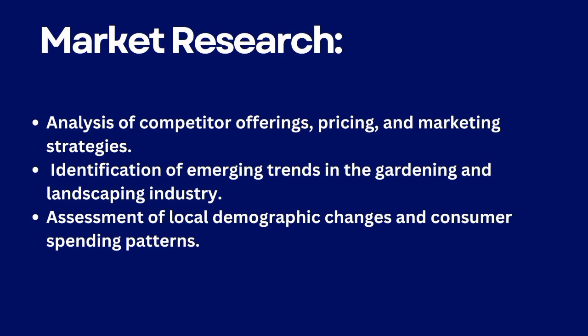Check if there are specific trends that people are using, like new tools, technology, or AI to make their work easier, whatever it is, identify those things, and also assess the local demographic changes and consumer spending patterns.